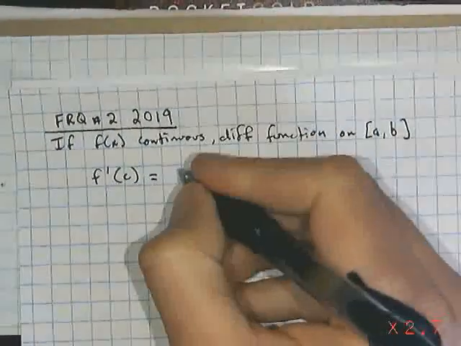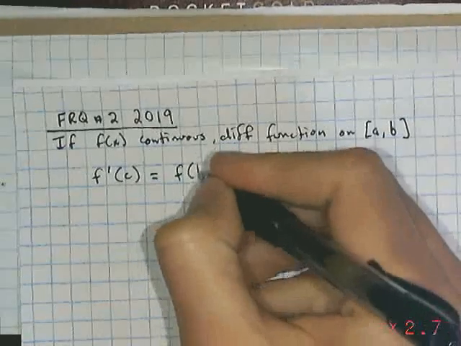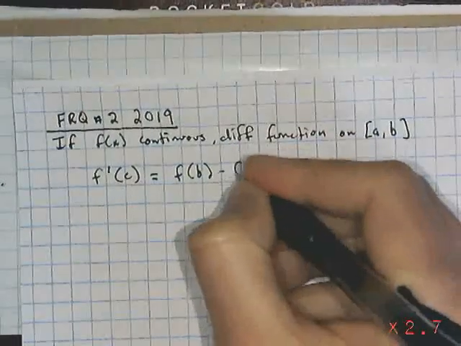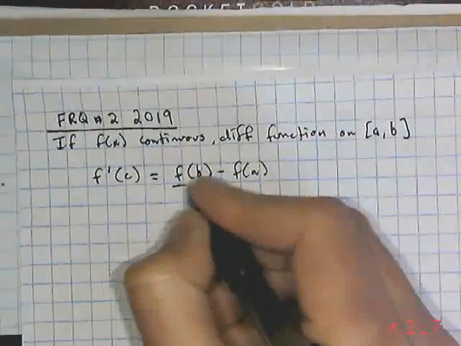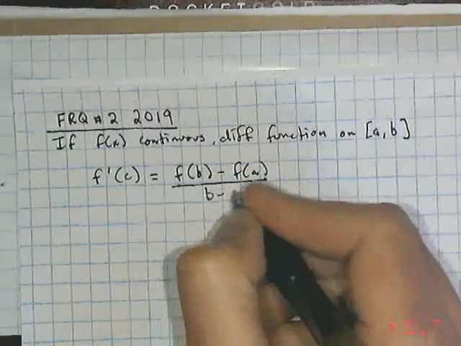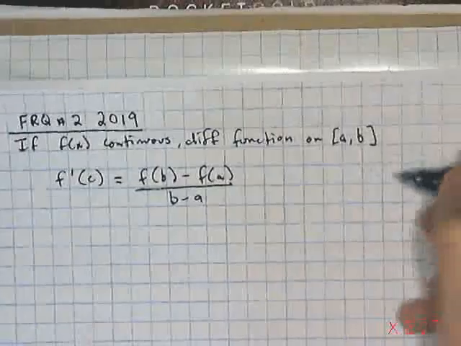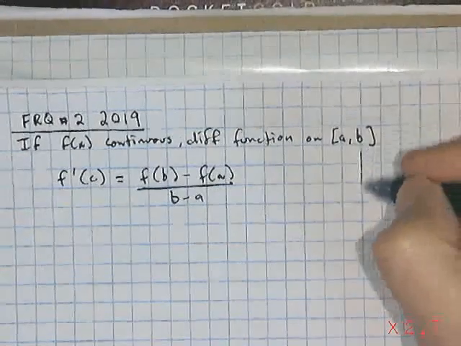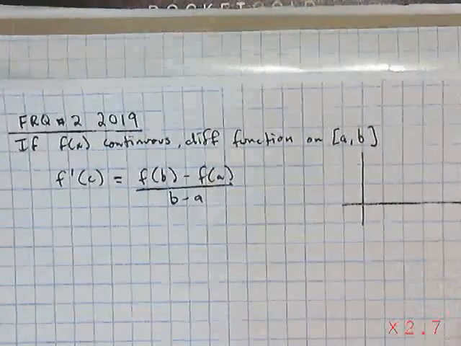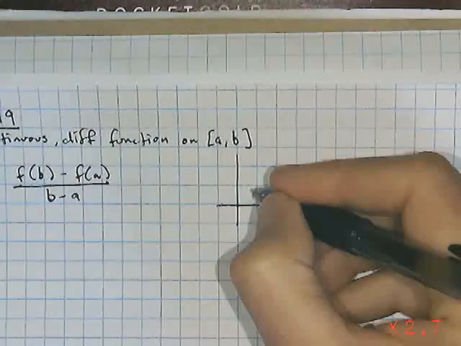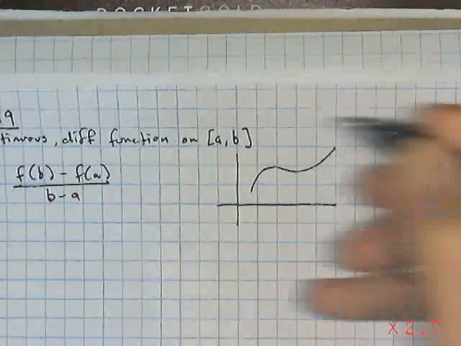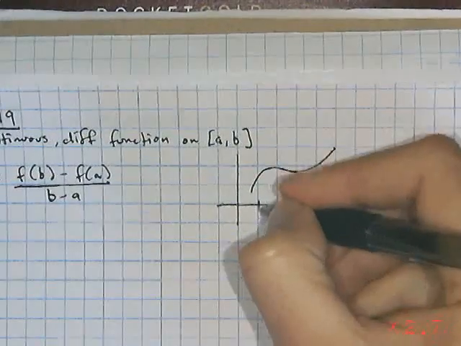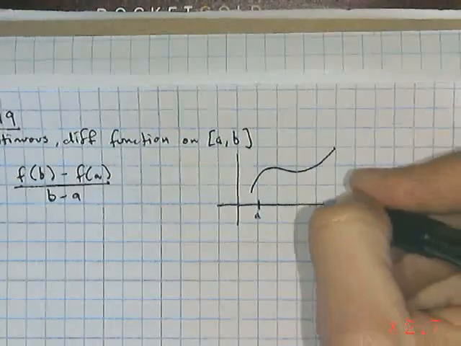So this: f of b minus f of a over b minus a. Visualizing this, we've got some curve, we've got an A, we've got a B.